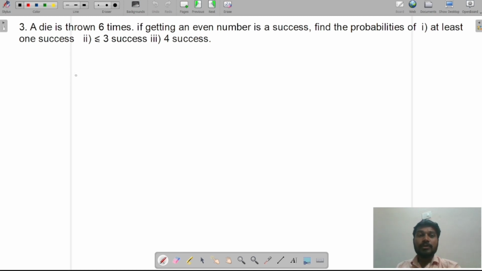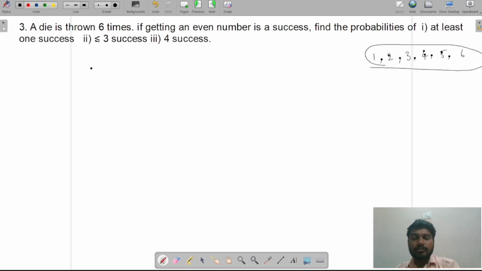These are the possible outcomes when throwing a die. If getting an even number is a success, what are the even numbers among these outcomes? 2, 4, 6. Right?